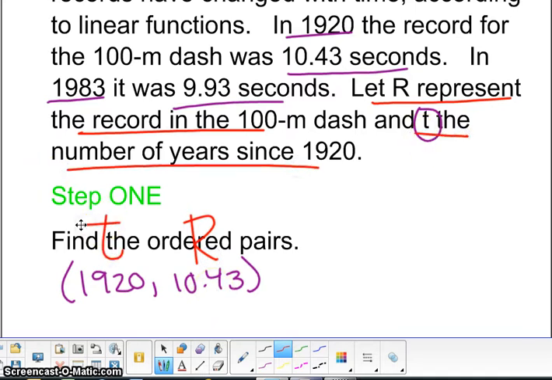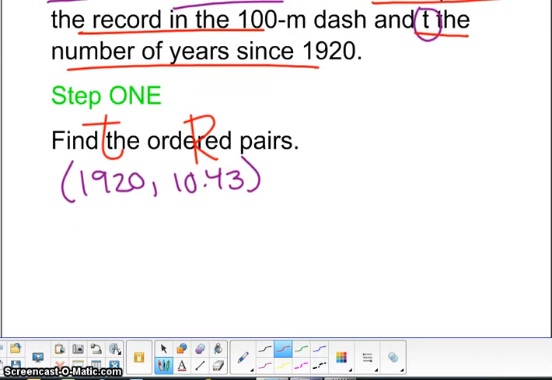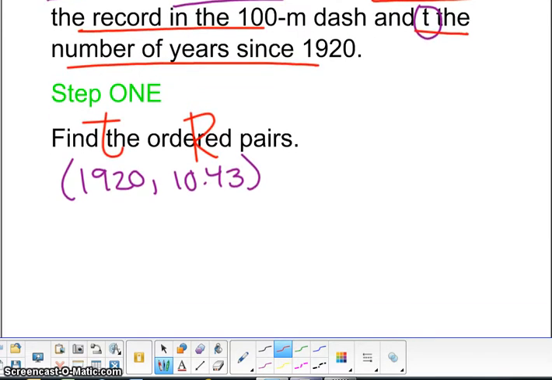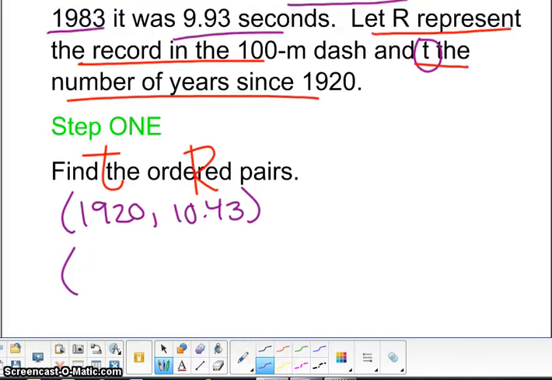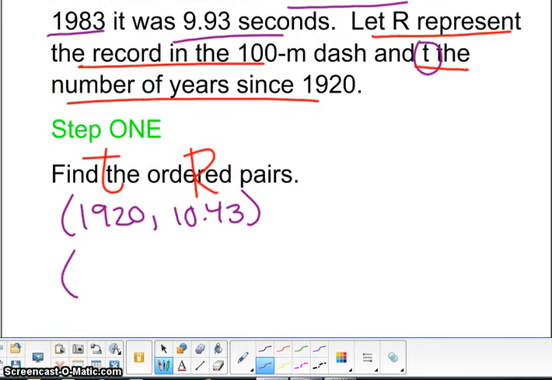So this 1920 is going to be our T value for time. The next ordered pair that you notice is 1983. It was 9.93 seconds. So again, the time is going to be the X values and the record in seconds is going to be the Y value.